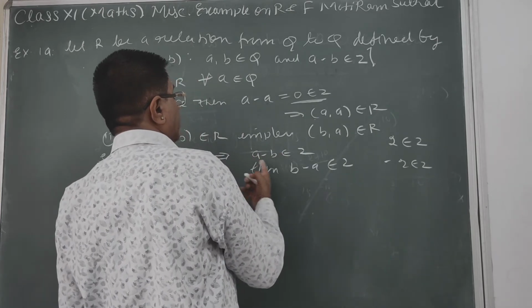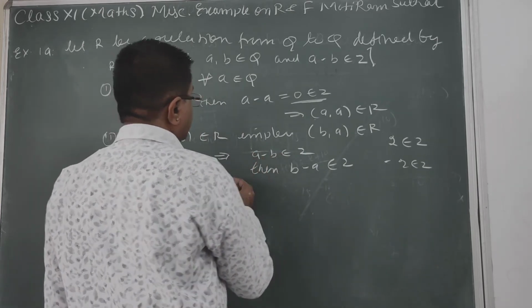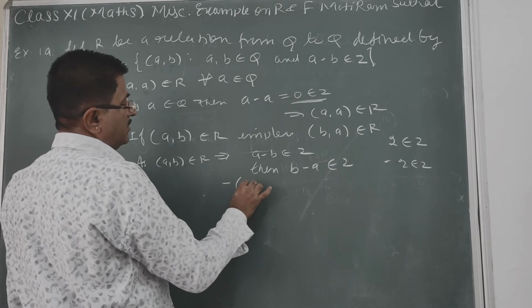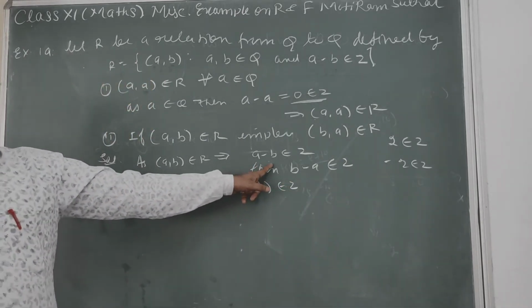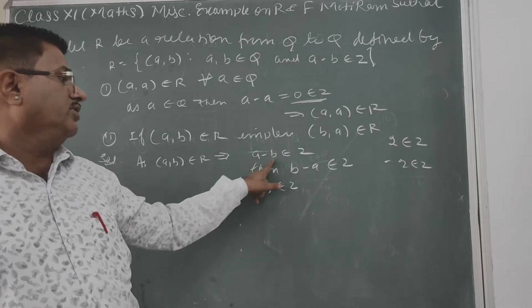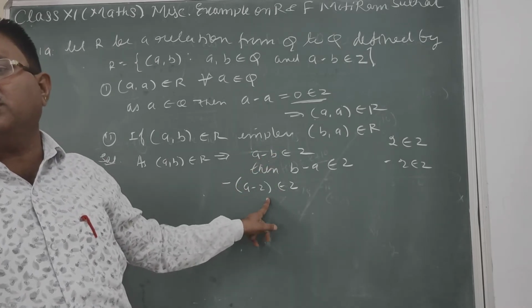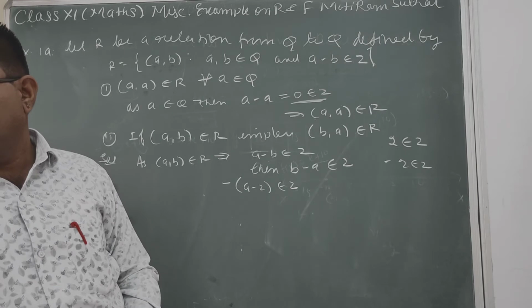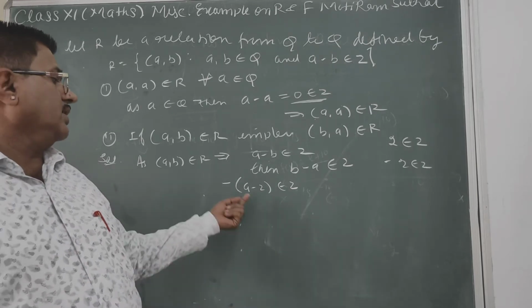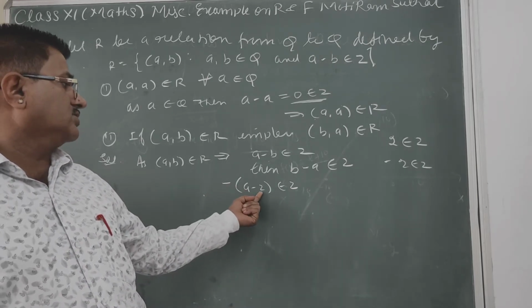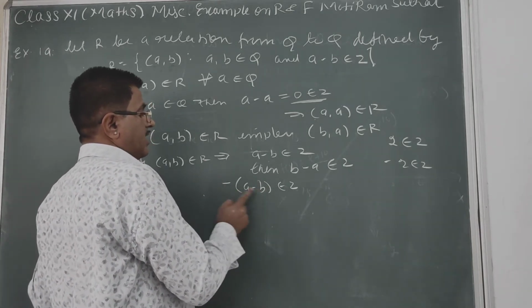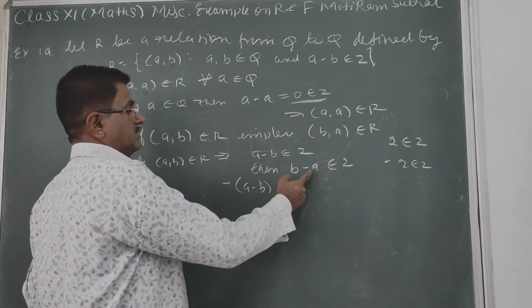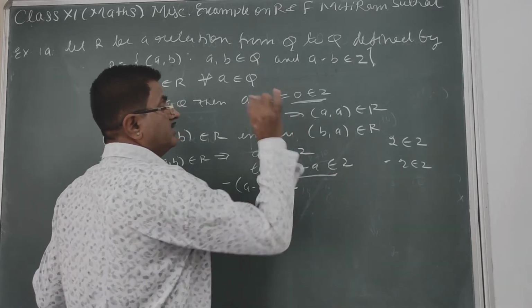Here you are taking minus common, like you take minus common. If A minus B belongs to Z, यानी अगर ये value integer की है तो minus of that integer is also an integer. So one can write minus of A minus B. If you simplify, minus minus plus, B minus A. So this is also an integer.